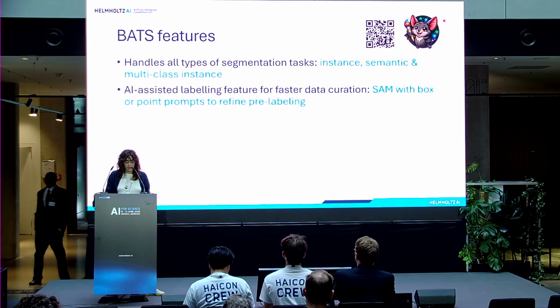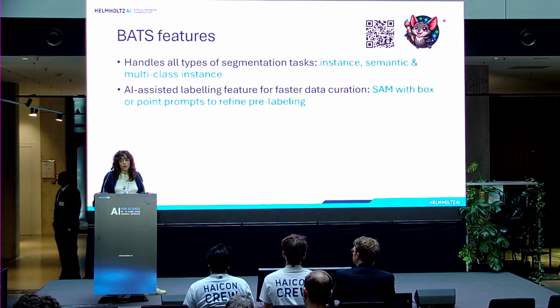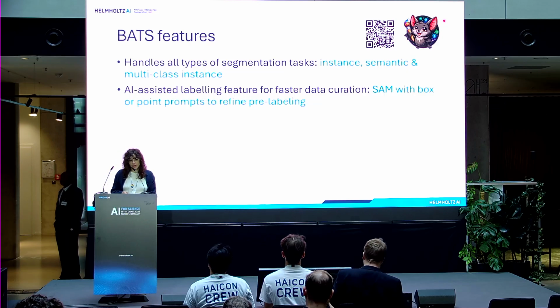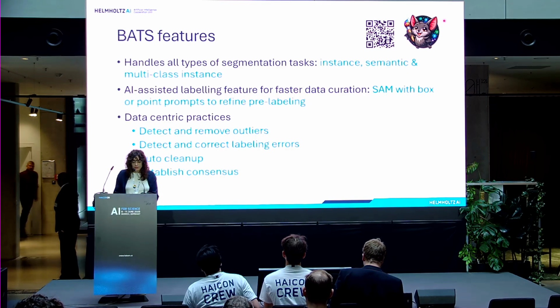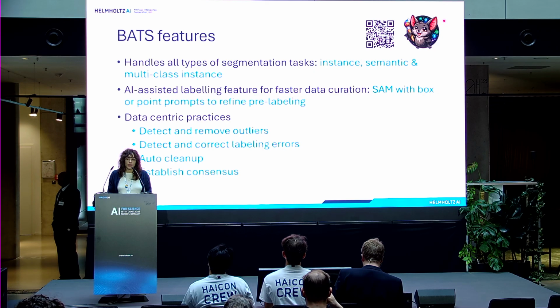We also have an AI-assisted labeling feature, which allows for faster data curation. This is basically the option for the user to add box prompts or point prompts in order to prompt the SAM model and get a faster curated label. And we also built it with data-centric practices in mind. So there is the option to detect and remove outliers from your data.